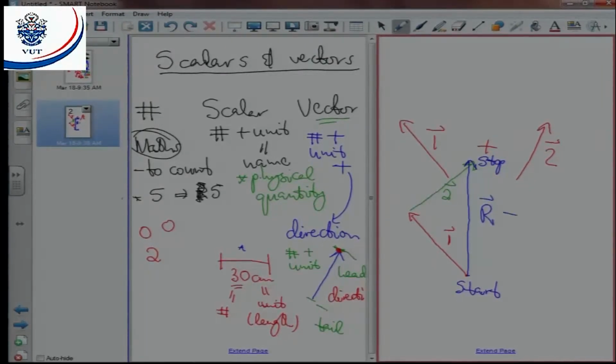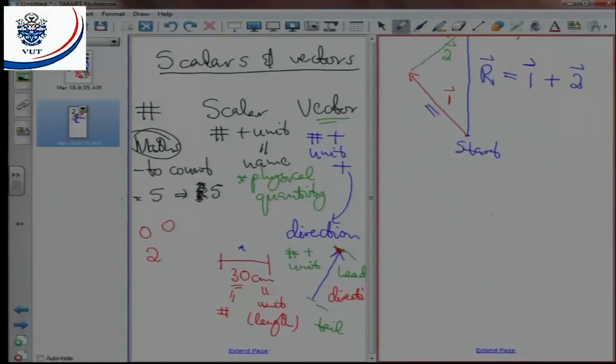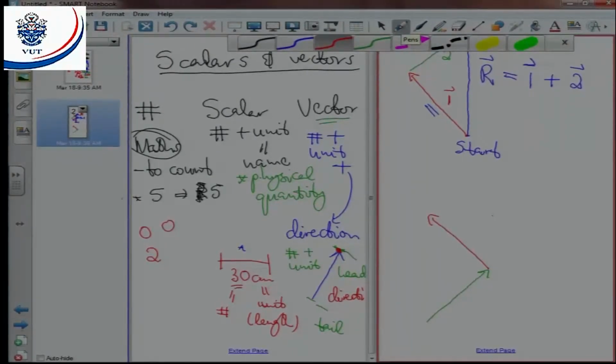So vector r was a result of walking 1 and then 2. Notice this is not the only way. I can start with 2 instead. If I start with 2, that's how I would walk, and then 1, and we see that the result is the same.